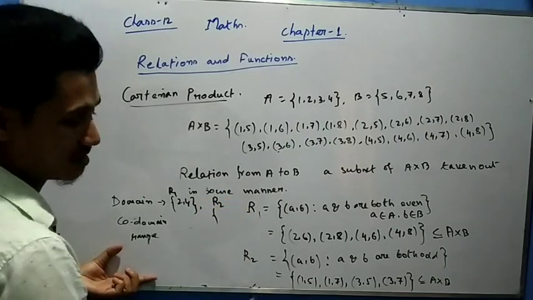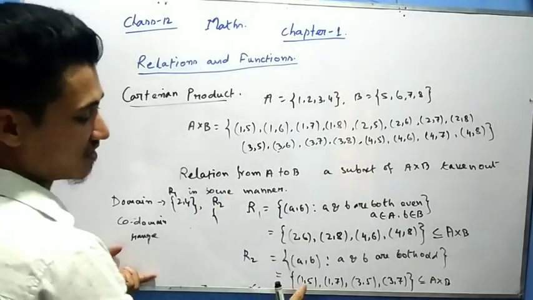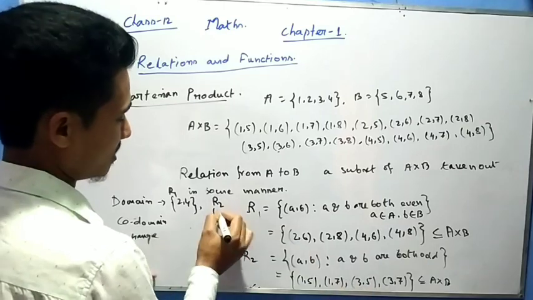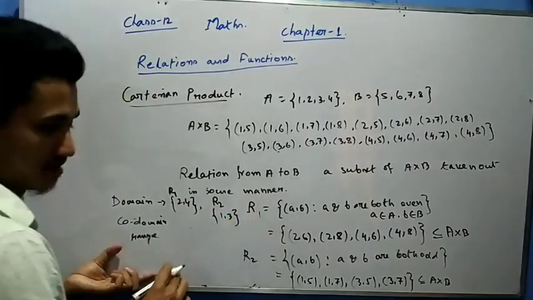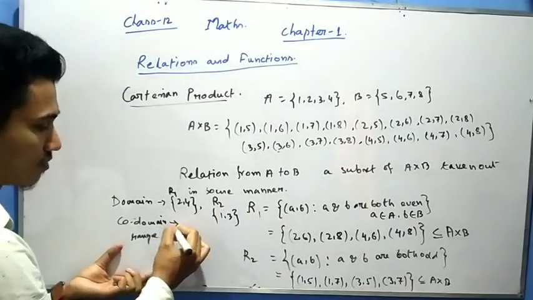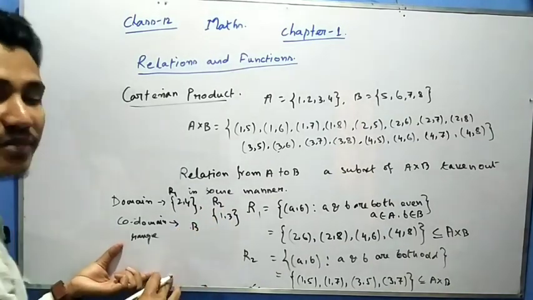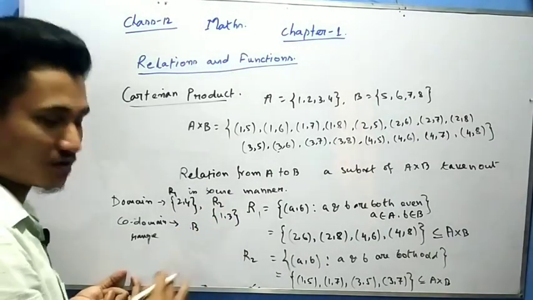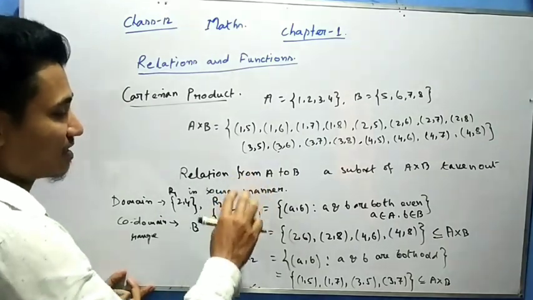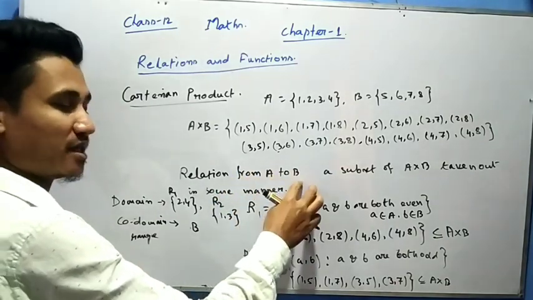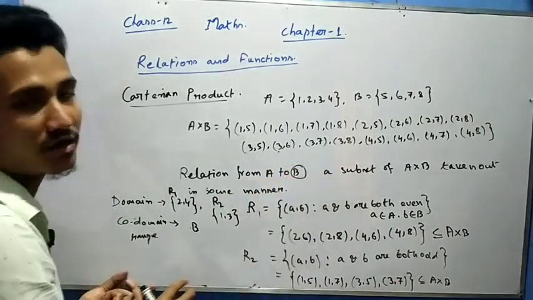What is the domain? You see what the first element in the ordered pairs is: 1 and 3. So the domain will be 1 and 3. Next, codomain. Codomain is the set B. If the relation is defined from A to B, then the second set B is called the codomain.